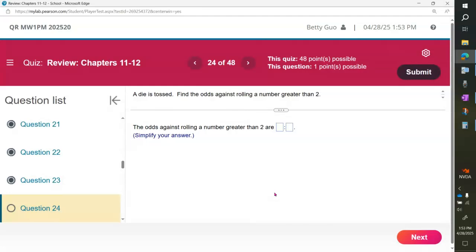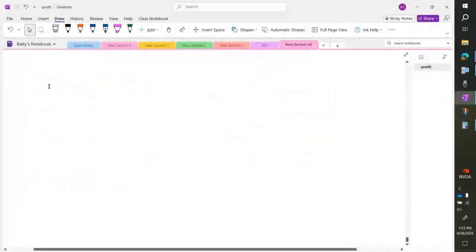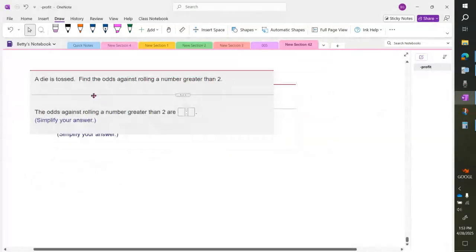Question number 24. A die is tossed. Find the odds against rolling a number greater than 2. Okay. It's good that I show you on the scratch paper, then you can see it. Against. Okay.